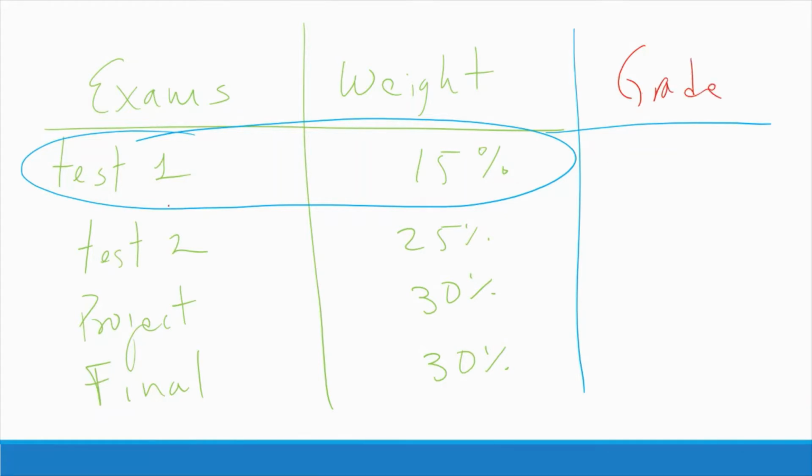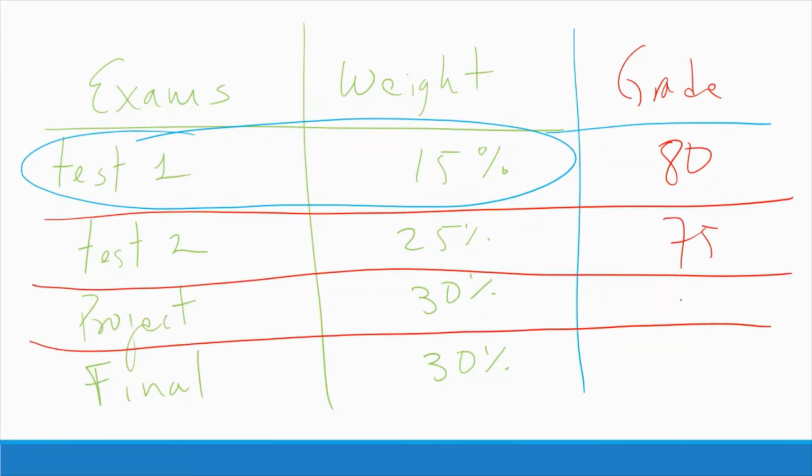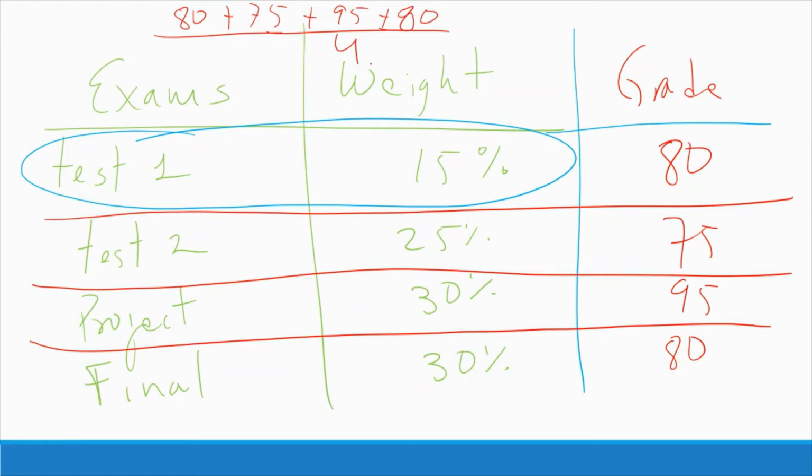So let's put grades here, just to put a better perspective. Let's say for the first test, we got 80 as a grade. Test 2, we got 75. In the project, we got a 95, and in the final, 80. So I cannot just do a normal average, 80 plus 75 plus 95 plus 80 divided by 4. Why can I not do that? Because each test has a different weight.